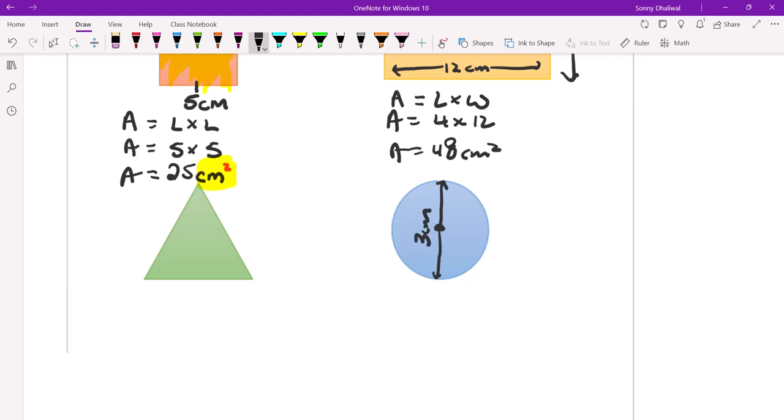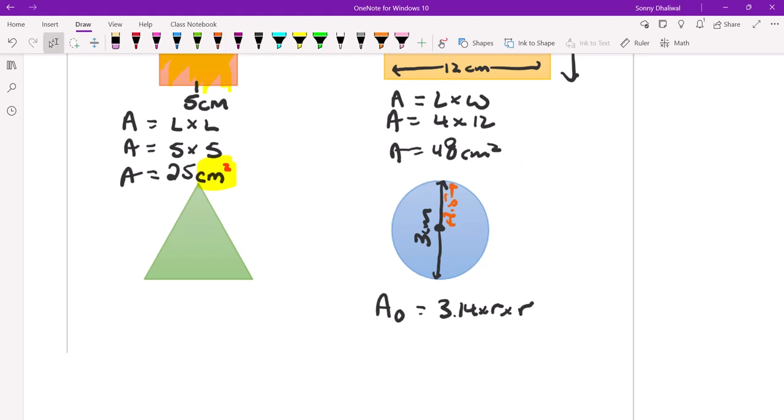So the equation for the area of a circle is 3.14 times r squared. Xavier saw it right away, what Mr. Dhaliwal tried to trick you with. I gave you the distance all the way across the circle, but the circle formula requires the radius, halfway across. So that's only 1.5.